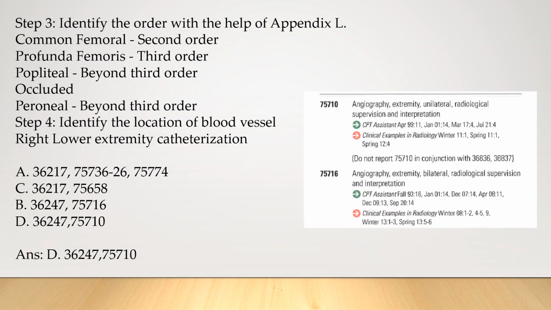From the given data, we have seen that they have done the catheterization of only the right side. And that's why, because 75716 and 10 differ only in whether you have done the angiography of one extremity or the two. And in our case, we have done it only on the right side. So D is the correct answer.